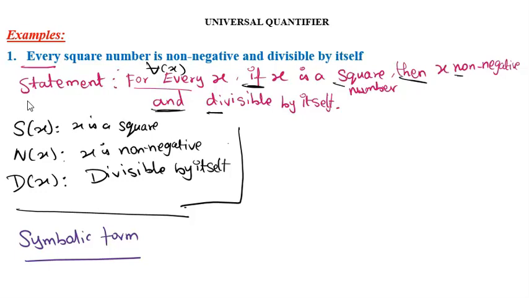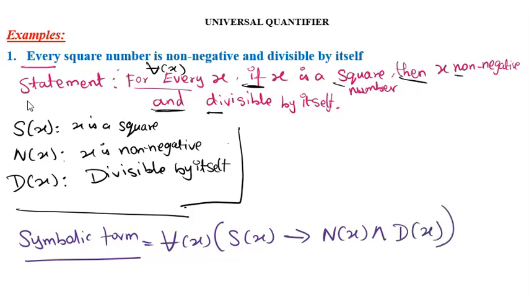So I can take for every x, the universal quantifier symbol, open bracket S of x, implication N of x, and operator D of x, close bracket. That's all.